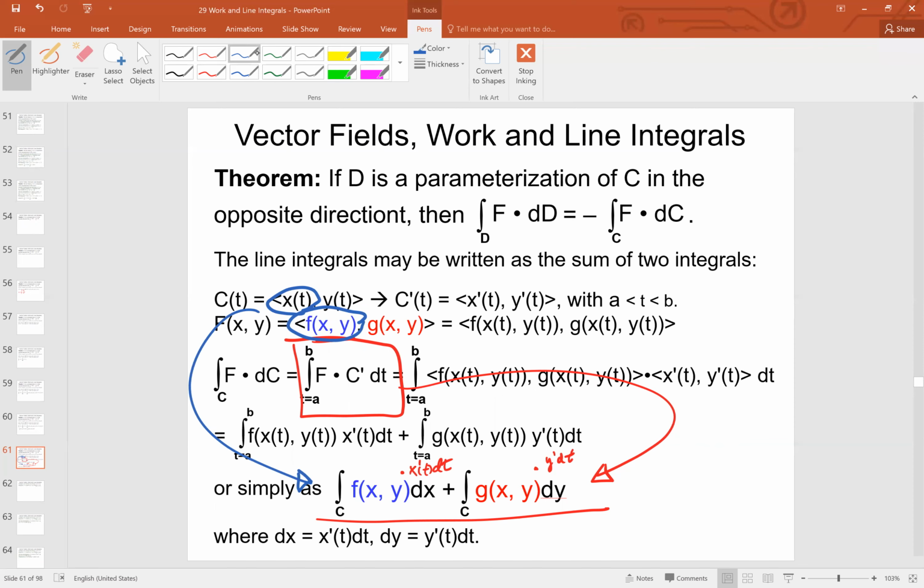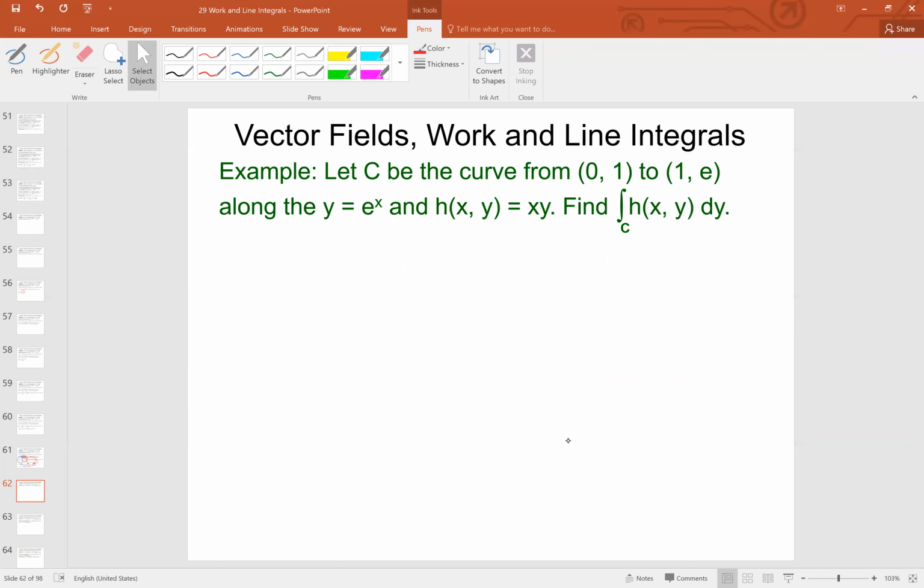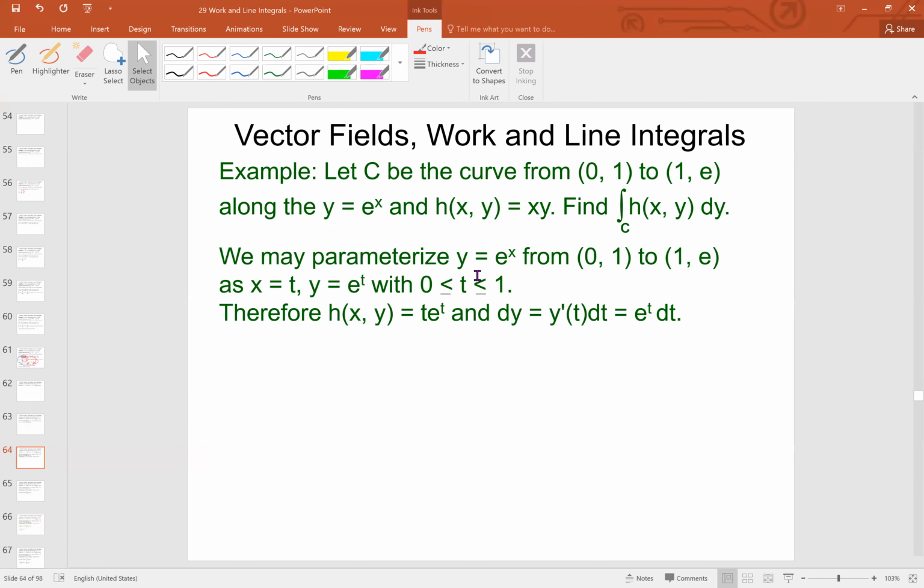part of the total work, and the other part is the y component, taking an integral with y prime dt. So a lot of times you see this separated into these two distinct portions. For example, a problem we pose like that says it's dy, therefore you're going to parameterize the curve and look at the y component. So here we go.